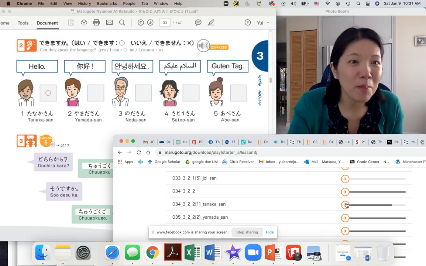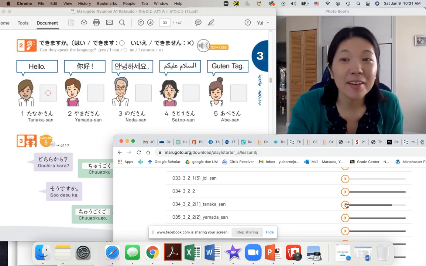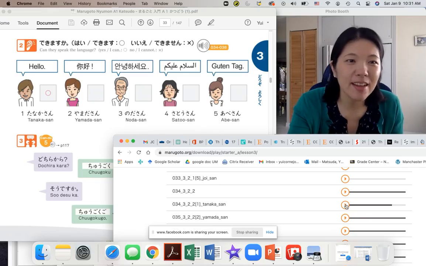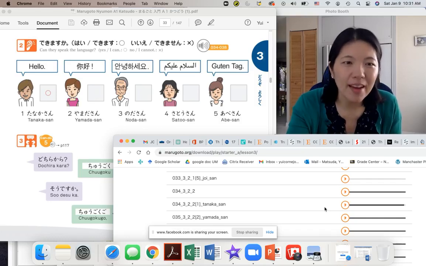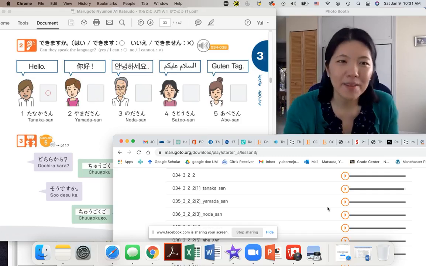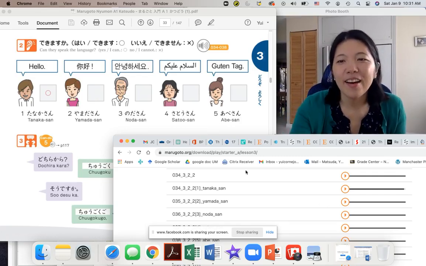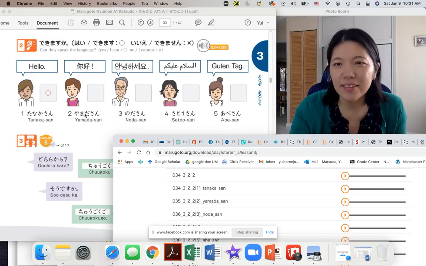So some people are very humble about their ability. Tanaka-san says, はい、少しできます。 そうですか is I see. We read that a little earlier. Okay, so number 2, Yamada-san here.